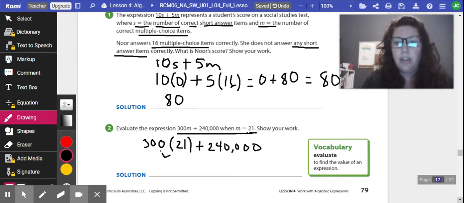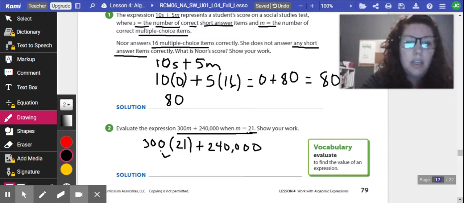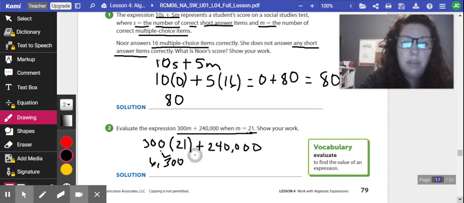What is 300 times 21? So I think it is 6,300. Yeah, that looks right. Plus 240,000.